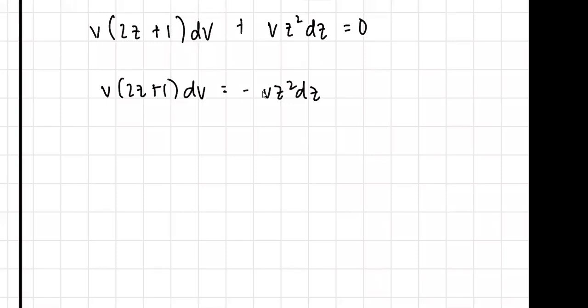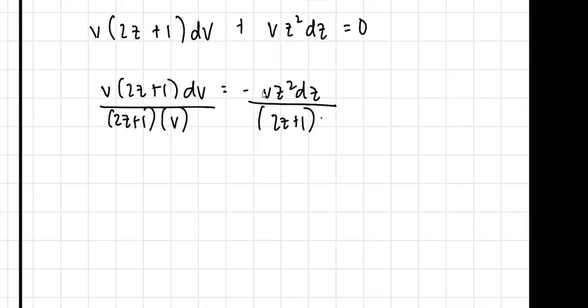Okay, then we divide both sides by 2z plus 1, and on the other side by v. So 2z plus 1 and v. So the v cancels out.